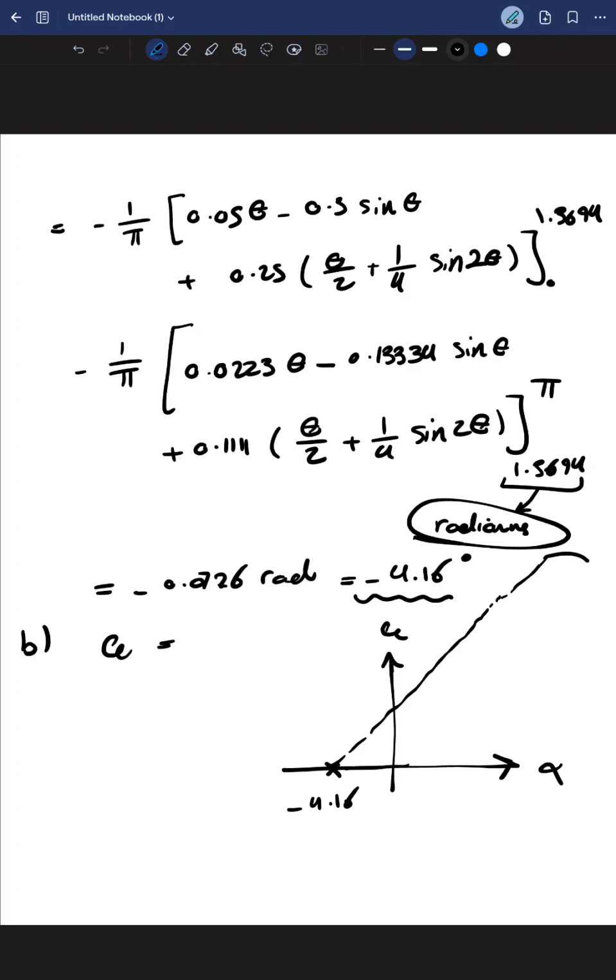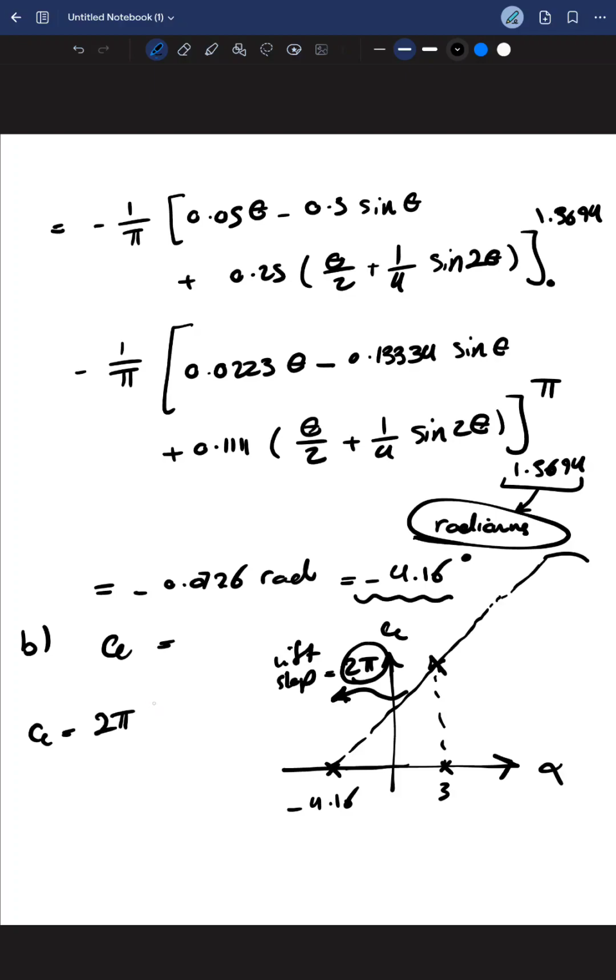We don't really know where that is, but we assume it is not at 3 degrees. So we want to find the lift coefficient at 3 degrees. Essentially, this is just an equation of a line, and we already know that the lift slope for a thin airfoil is 2 pi.